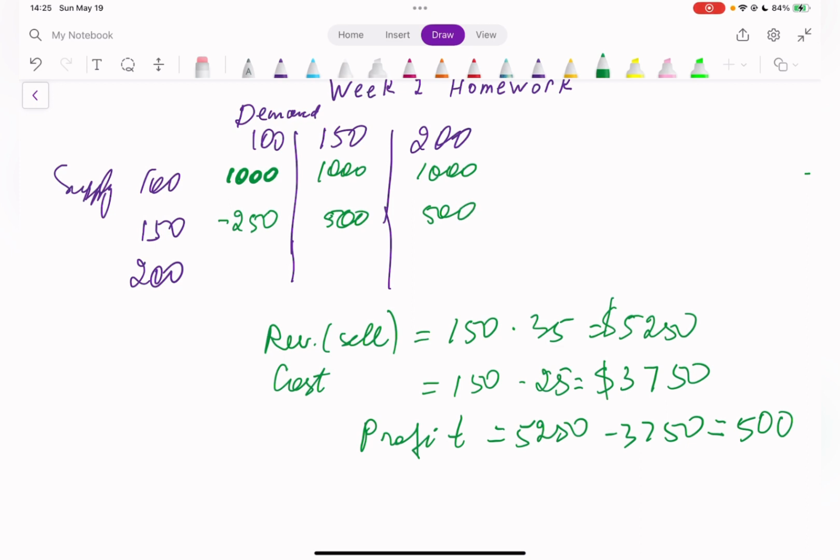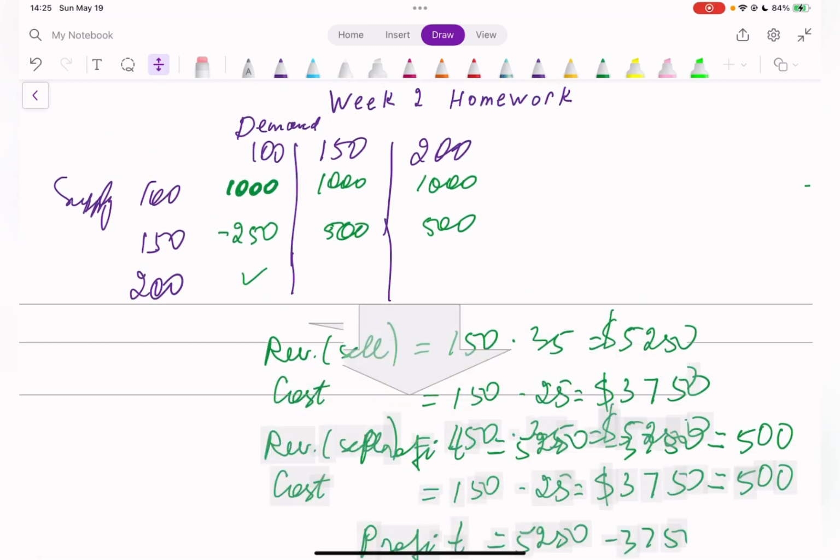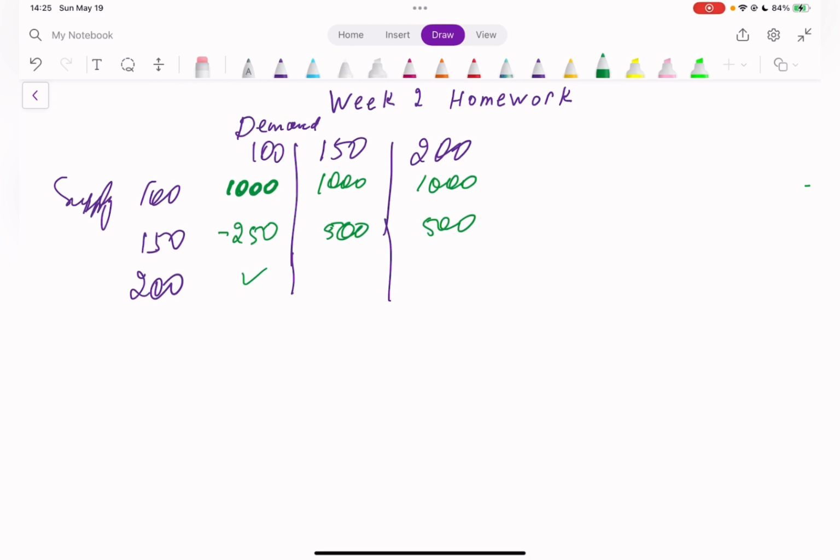And when we have 200, here we're gonna have much more loss, right? The supply is 200, demand is only half. Let's see. Let me push this down. So revenue from sale is gonna be 200 times, no, they want only 100, right?